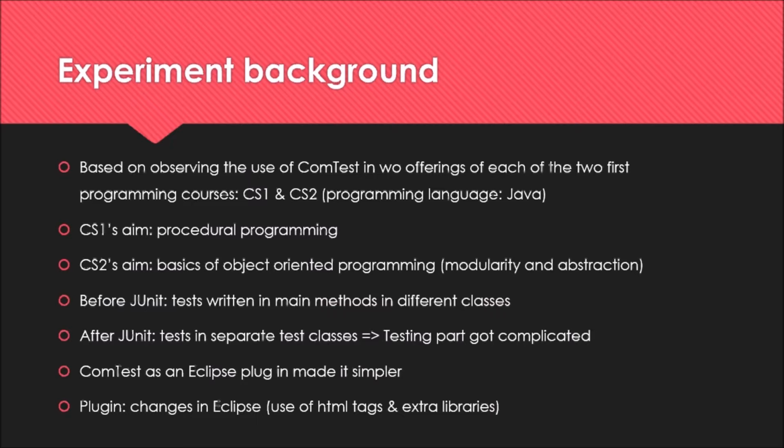The first course's teaching aim is procedural programming, and the second one is the basics of object-oriented programming. In the beginning, tests were in main methods in different classes, but when JUnit appeared, the testing part was complicated. The need of a tool like ComTest was obvious.